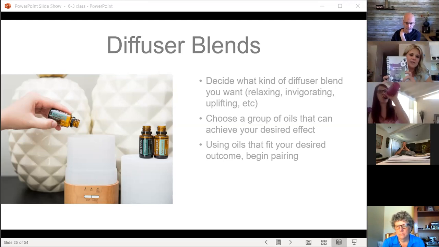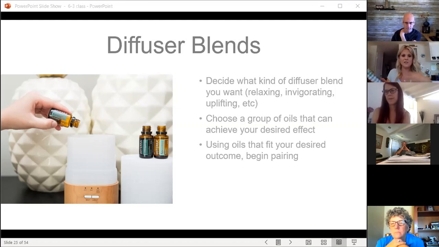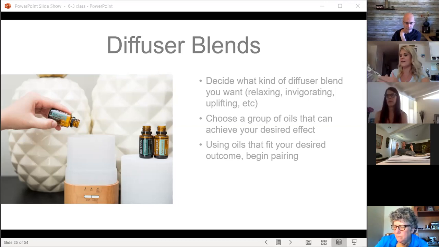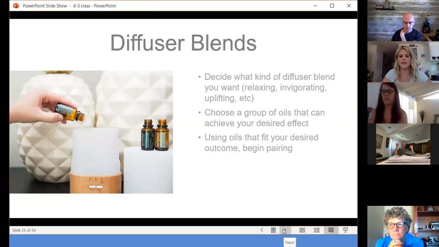So this is a great book to have if you're dealing with a lot of heavy emotions, or if your body is holding on to stored emotions. You can look up the body part that you're having a reaction in, and be able to decipher what oil is good for the emotion associated with that body part, and then move on from there to pick out which oil blend might be best to either diffuse or use on your body topically.